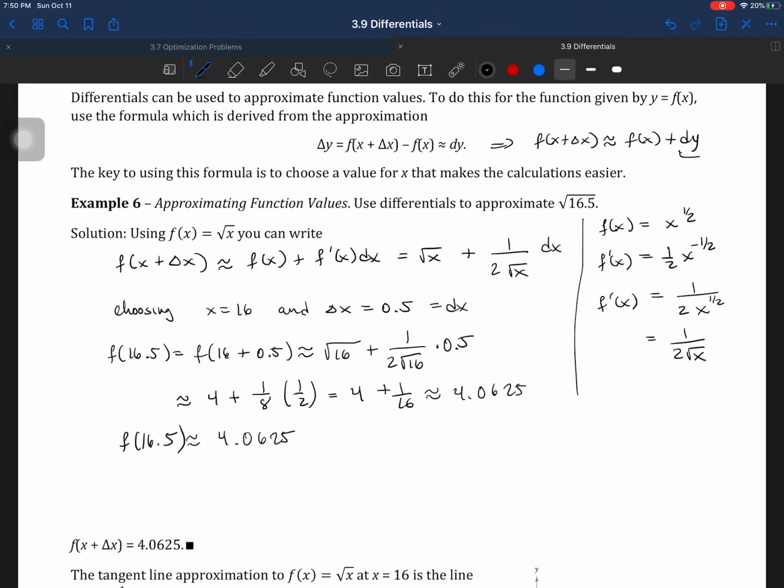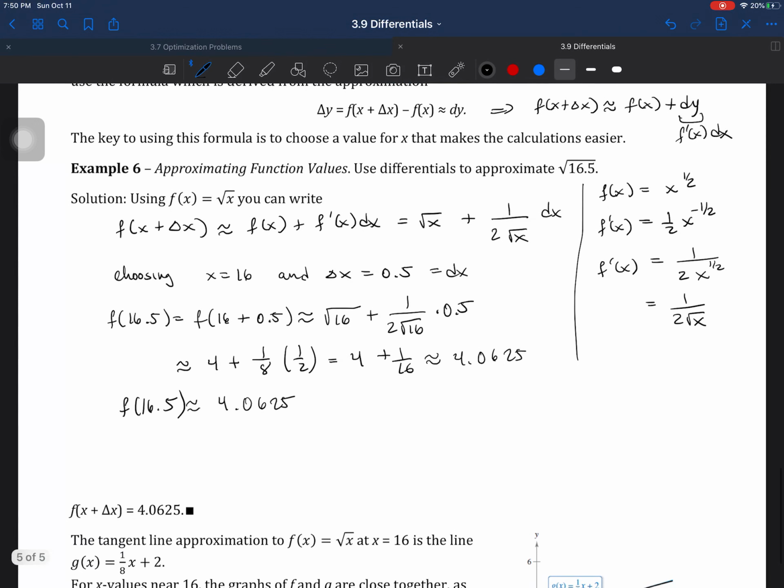But remember that this is f prime of x dx. So that's how we can come up with this equation. I don't memorize it. I think about the linear, the tangent line, all the time.